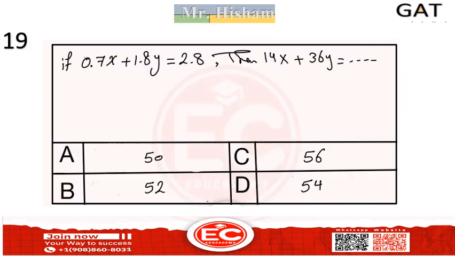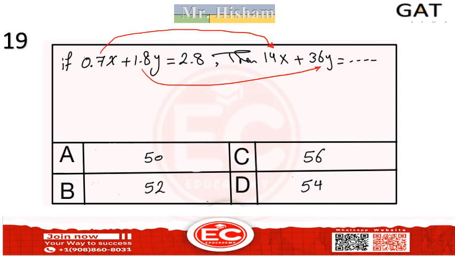If 0.7x plus 1.8y is equal to 2.8, what is the value of 14x plus 36y? As we can notice, 0.7 is multiplied by a number to be 14, and 1.8 is multiplied by a number to be 36.